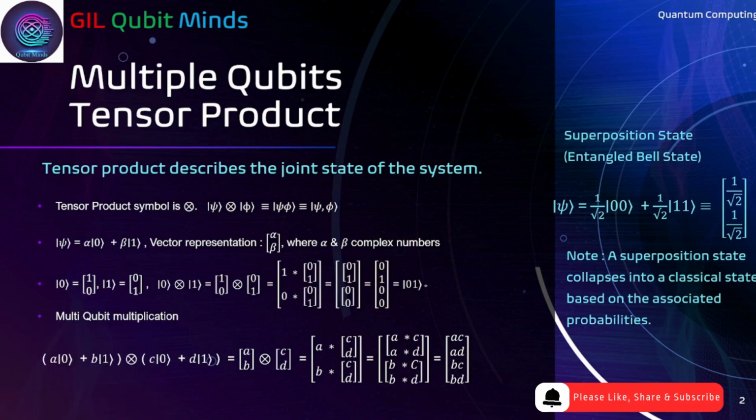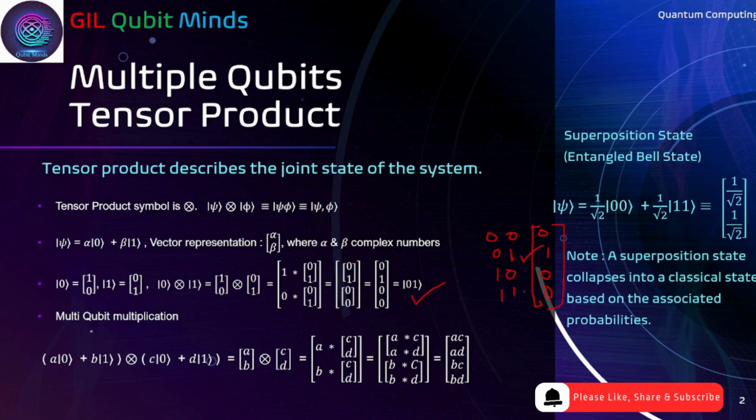We all know the basis states 00, 01, 10, 11, so this kind of output we can get. Here we can see it is 01, meaning this one. If you want to represent it as a vector, the first entry is 0, then 1, then 0 and 0. This is our vector representation. So we have multiplied correctly, and this is the outcome.